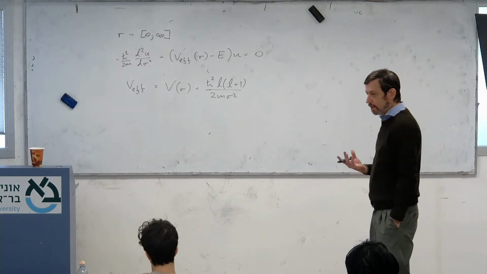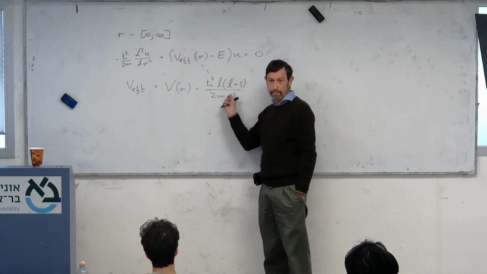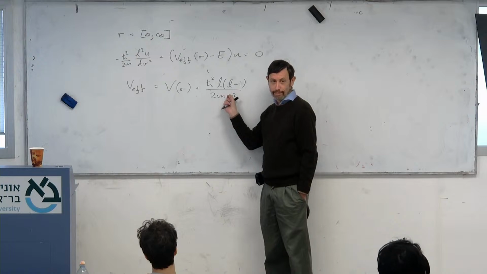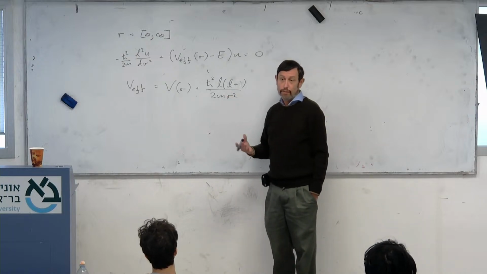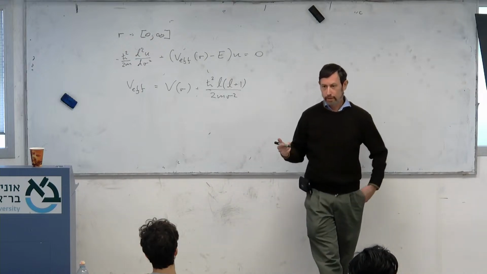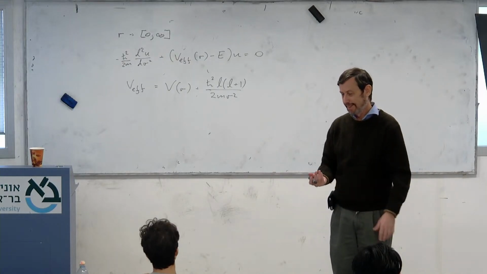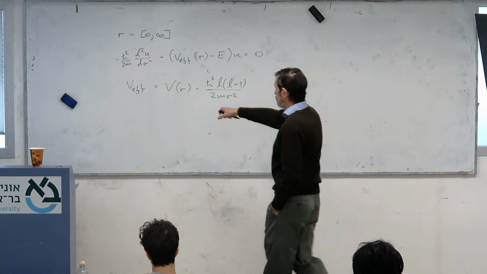Actually, this is the reason why we are not falling into the sun. Because if we didn't have angular momentum to begin with, there's no reason that the sun won't pull Earth to it because of this part.